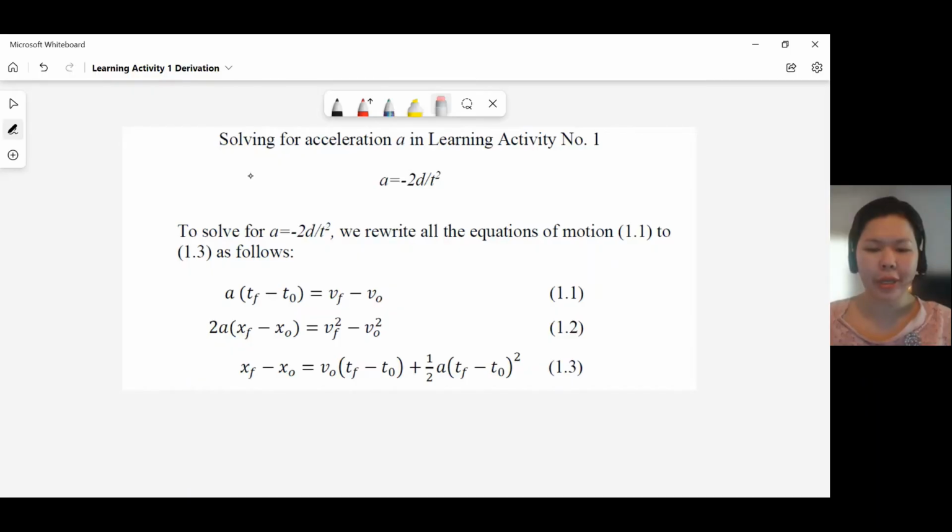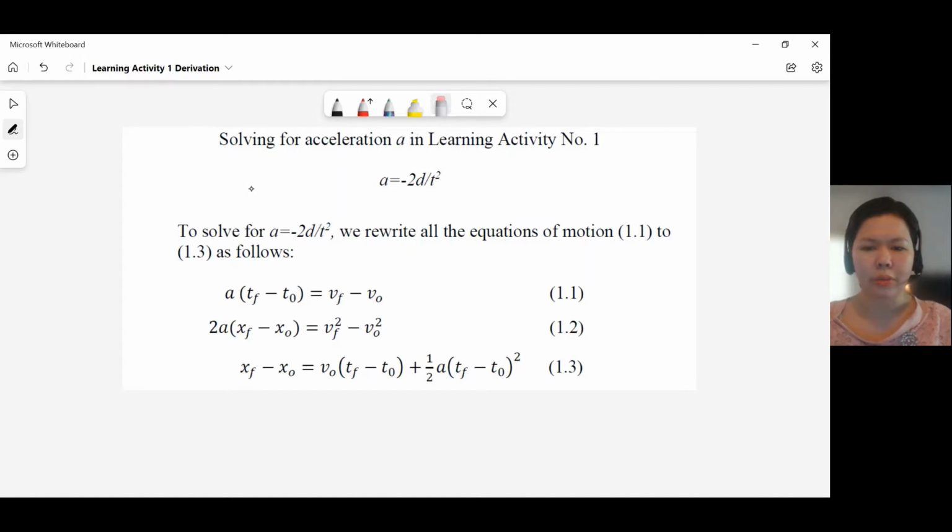Solving for acceleration A in learning activity number 1. A equals negative 2d over t squared. To solve for this, we rewrite all the equations of motion 1.1 to 1.3. 1.1, we have A(Tf minus T naught) equals Vf minus V naught. 1.2, 2A(xf minus x naught) equals Vf squared minus Vo squared.